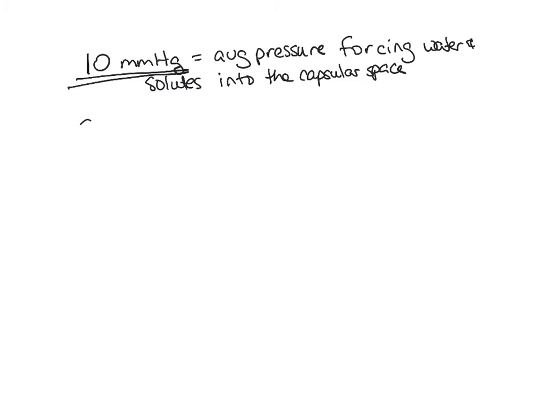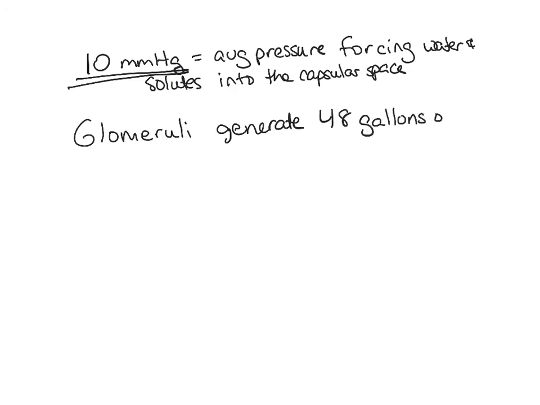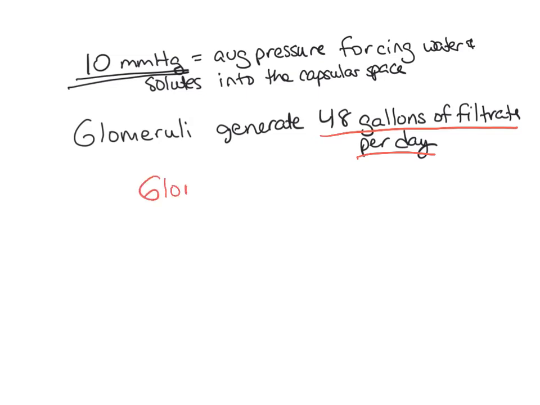So the glomeruli, all those little glomerular capillaries, they generate 48 gallons of filtrate a day. That's a lot. So this is saying what the glomerular filtration rate is.